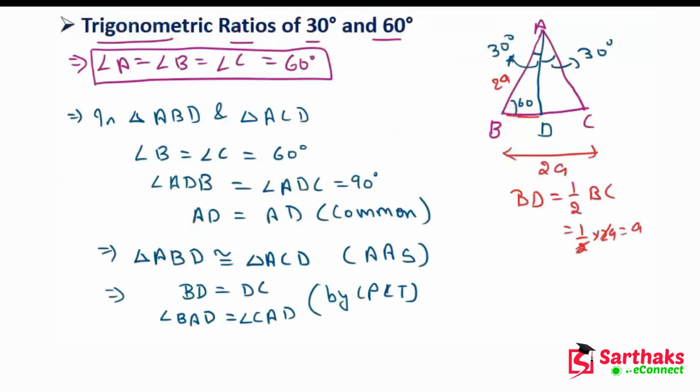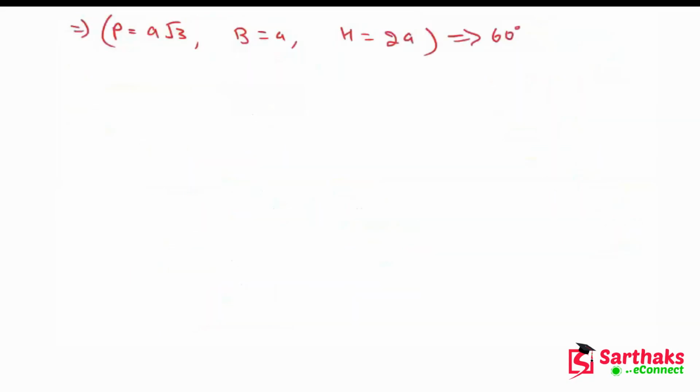For 60 degree the perpendicular is AD, base is BD and hypotenuse is AB, and for 30 degree the perpendicular is BD, base is AD and hypotenuse is the same AB. So now firstly we are finding the values for 60 degree.